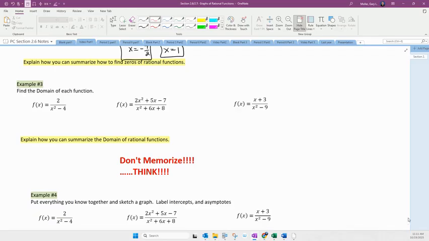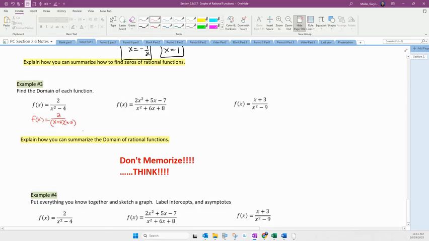As I just discussed, finding the domain of the function comes down to figuring out when the denominator equals 0. So I know that this factors into 2 over (x plus 2)(x minus 2). The denominator cannot be 2 or negative 2.